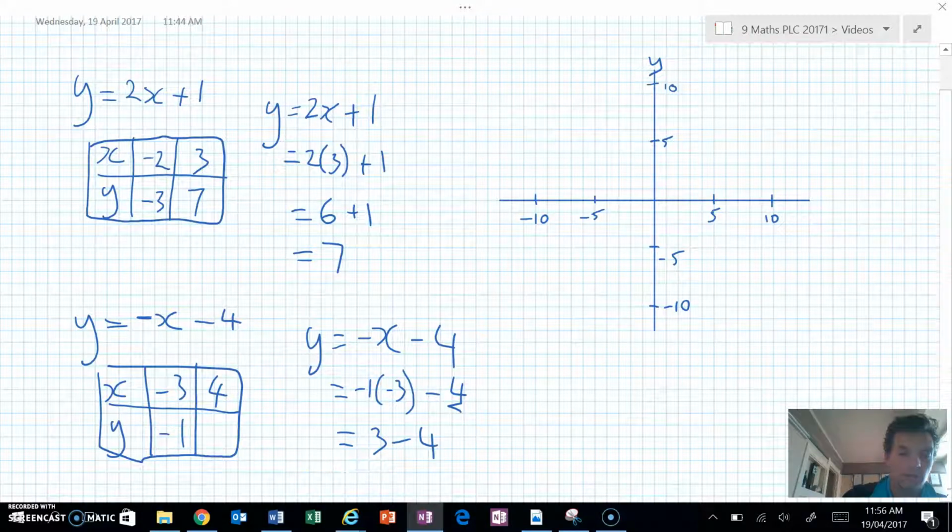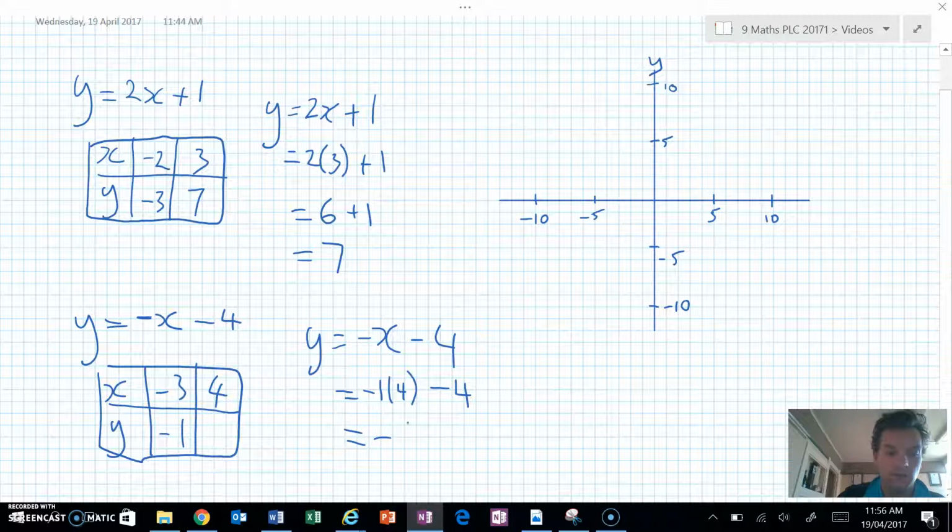So we're going to substitute the value of 4 in. So -1 times by 4 minus 4. So we've got -4 minus 4 is -8.